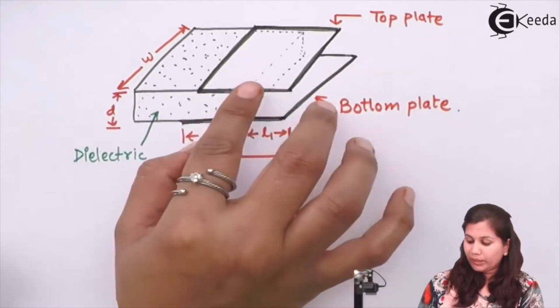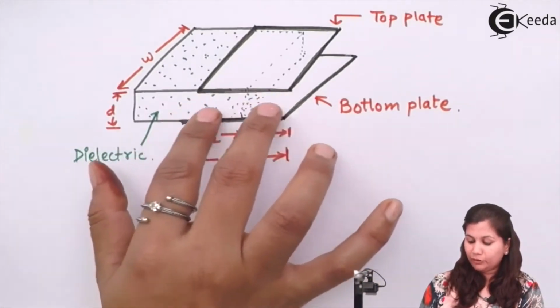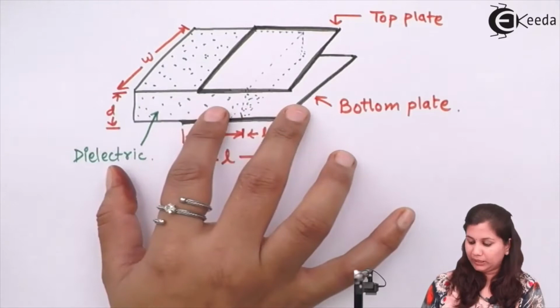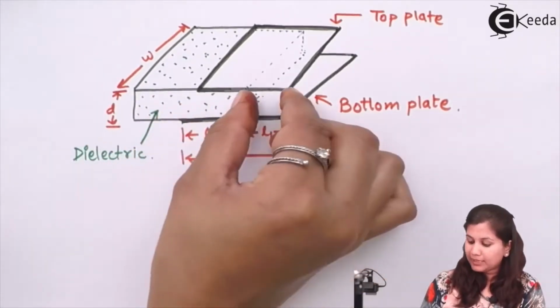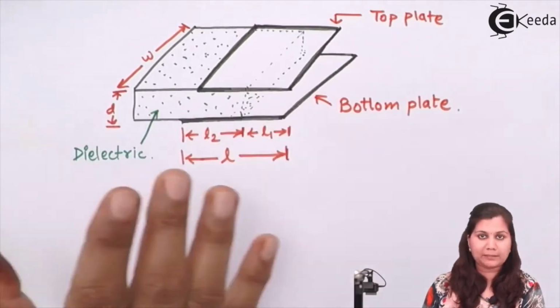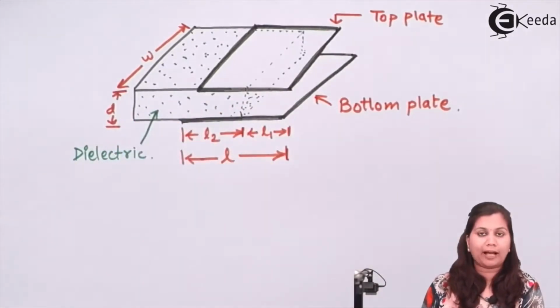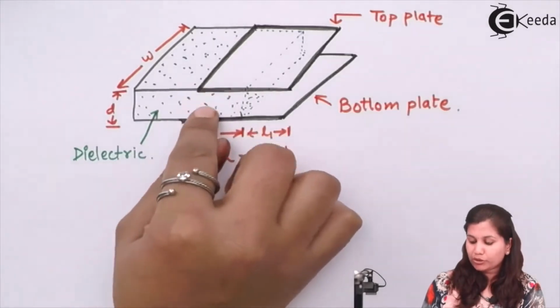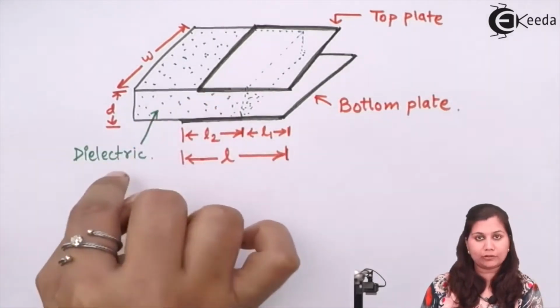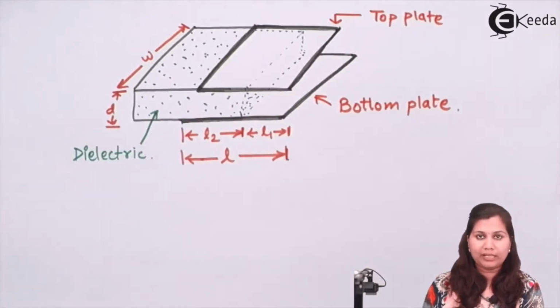Between the top and bottom plates there are two mediums: this portion has the dielectric, and this portion has free space. The dielectric medium has a value of dielectric constant, that is, the permittivity value. So for this much portion we consider the dielectric medium, and for this much portion we consider the free space.